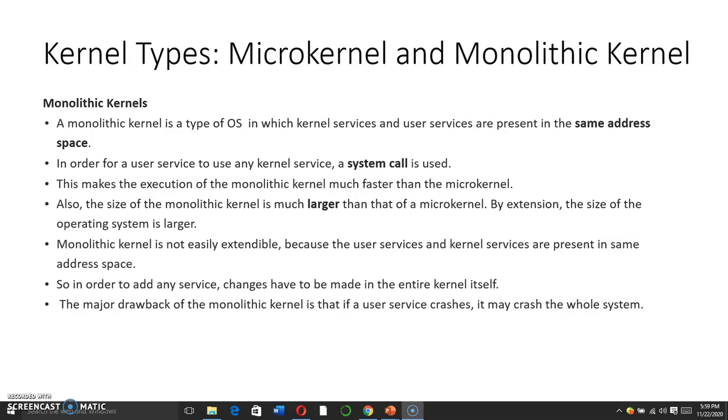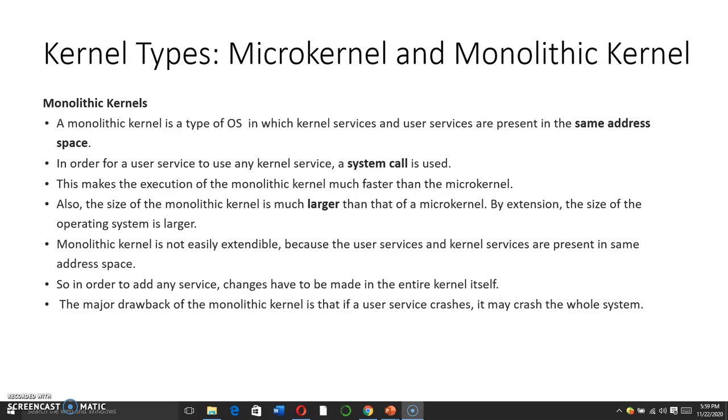Monolithic kernel is not easily extendable, obviously, because both the user services and kernel services use the same address space. So in order to add any service, changes have to be made to the entire kernel itself. And you then see that even though this is faster, it is much more complex to update and to add.